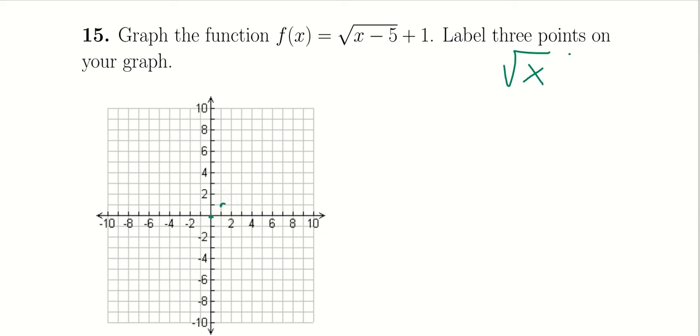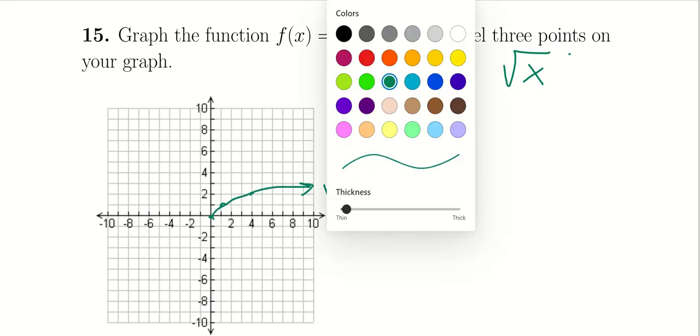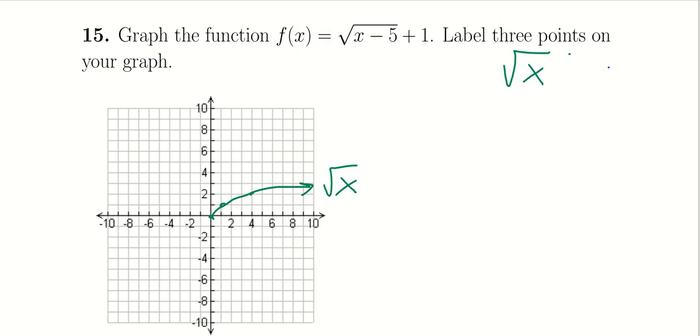Couple key points on that graph would be 0, 0, 1, 1, and 4, 2. So the graph of the parent function looks like this. To graph our function, we need to see how it's going to be viewed from that one as a transformation. Notice we have a subtraction by 5 on the inside. That's going to be a horizontal shift 5 units to the right.